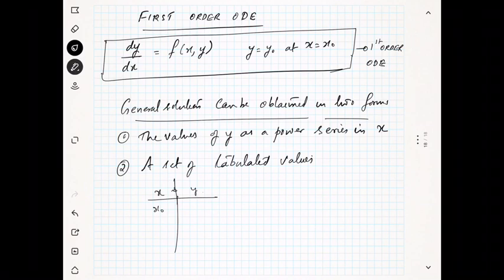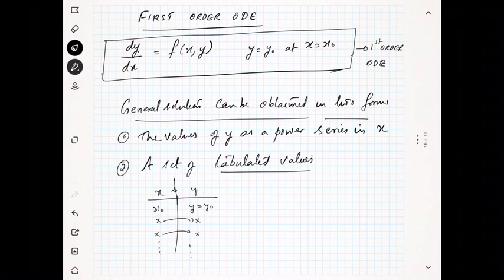It is given that at x naught, y is equal to y naught. Now we will find, for particular values of x, what the value of y is. Like this we will find out. That means a set of tabulated values. So in numerical methods we are actually going to get a set of tabulated values.